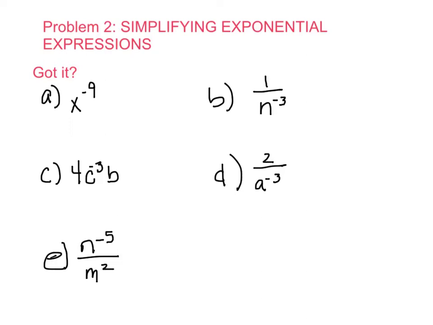All right. Problem 2 is the same thing as problem 1, except now you have exponential expressions. Remember, an algebraic expression is in simplest form when powers with a variable base are written with only positive exponents. So if you notice where I read that from, I read that right at the very top in the gray region.